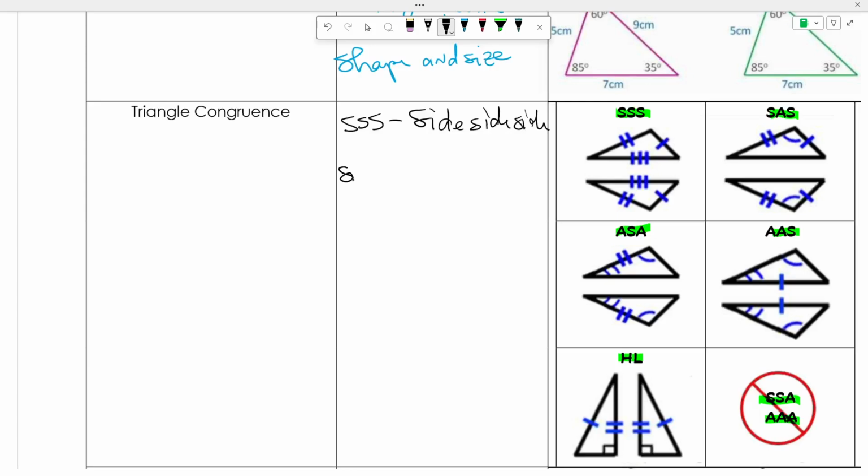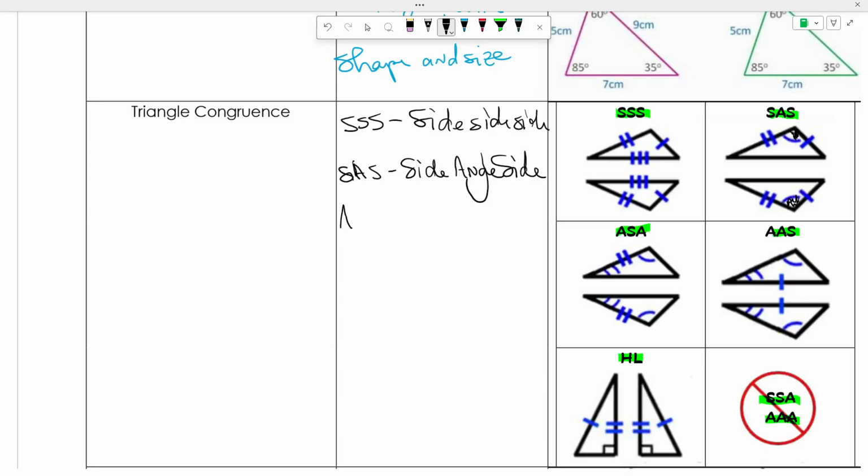We have SAS, which is side, angle, side. For these, notice that the angle is included between two congruent sides. If this is true, then the two triangles are congruent.